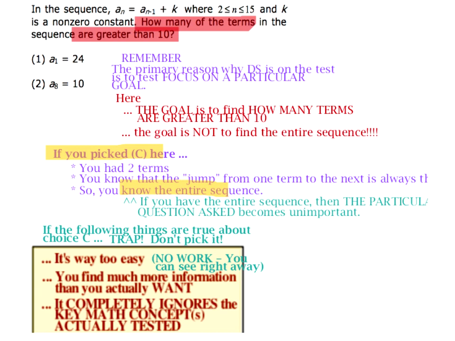Okay, so there are 3 red statements here, right? It's way too easy. You find much more information than you actually want, and it completely ignores the key concept. Notice that this problem is way too easy. If you have both statements together, you have the whole sequence without even really trying. You don't even have to find it.